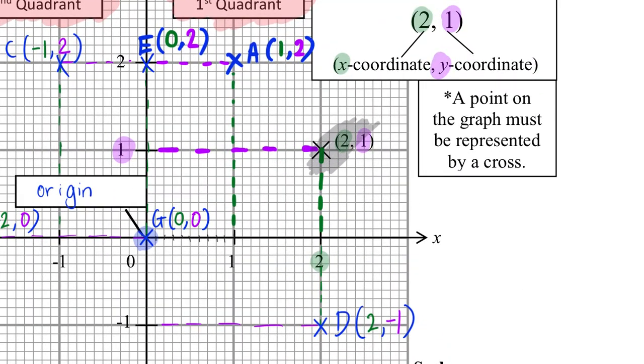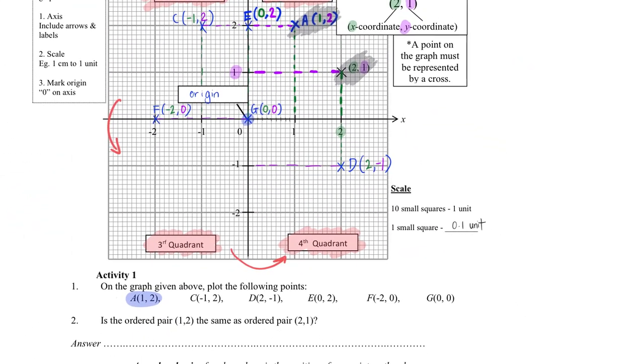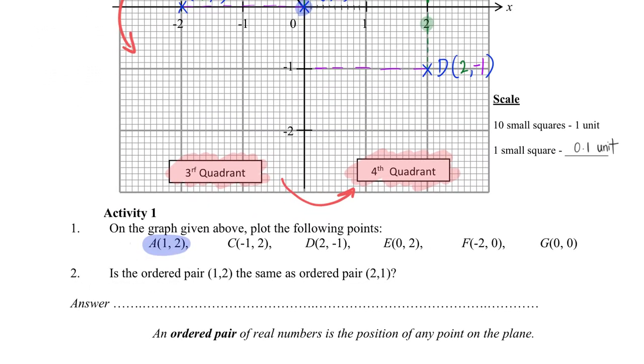This is ordered pair 2, 1, and this is ordered pair 1, 2. They are at different positions on the grid, and therefore that would be the answer here. No, they are different points.